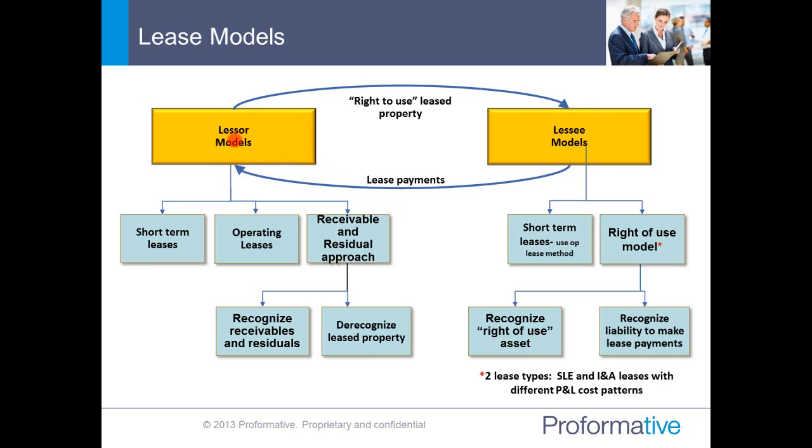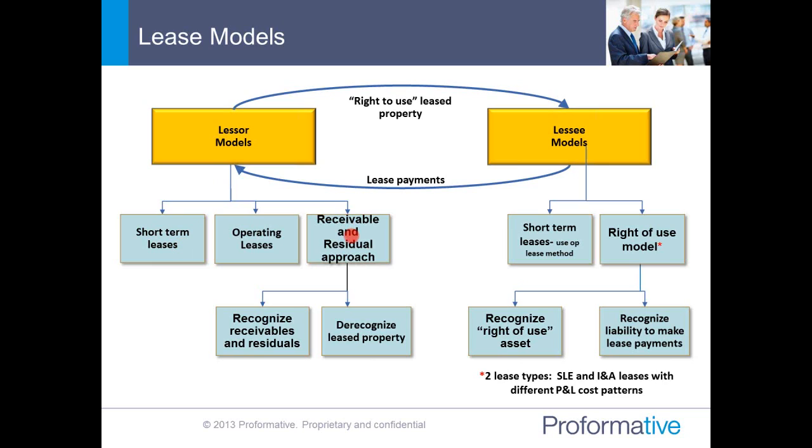The lessor models will be basically three kinds of models. Short-term leases for both lessors and lessees. There's an option to use the existing operating lease model. And from a lessor perspective, the operating lease model is that the asset stays on the lessor's books, and the lessor records rent and residual as income, depreciates the asset.